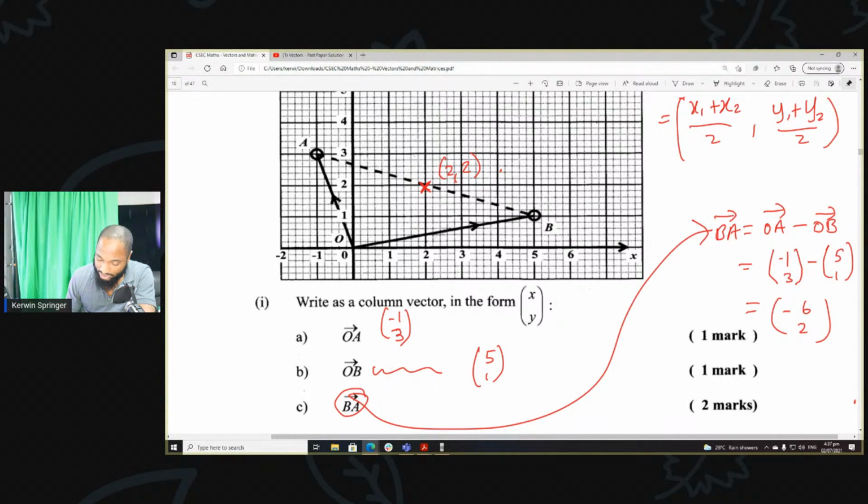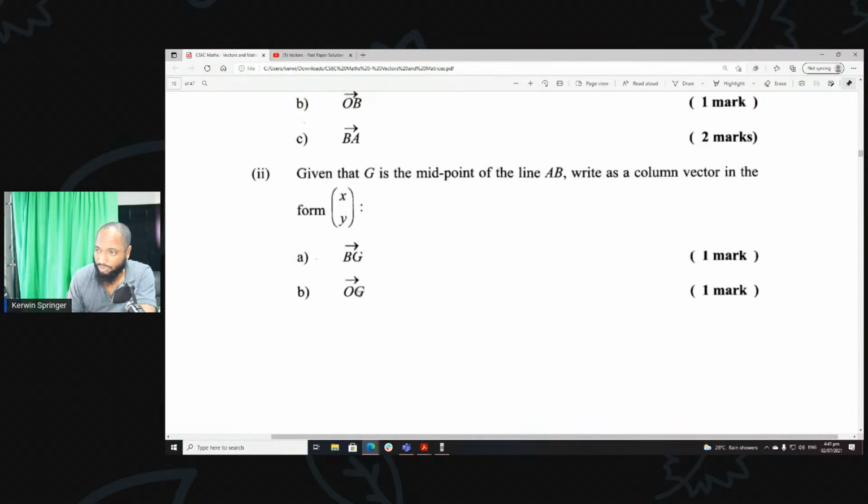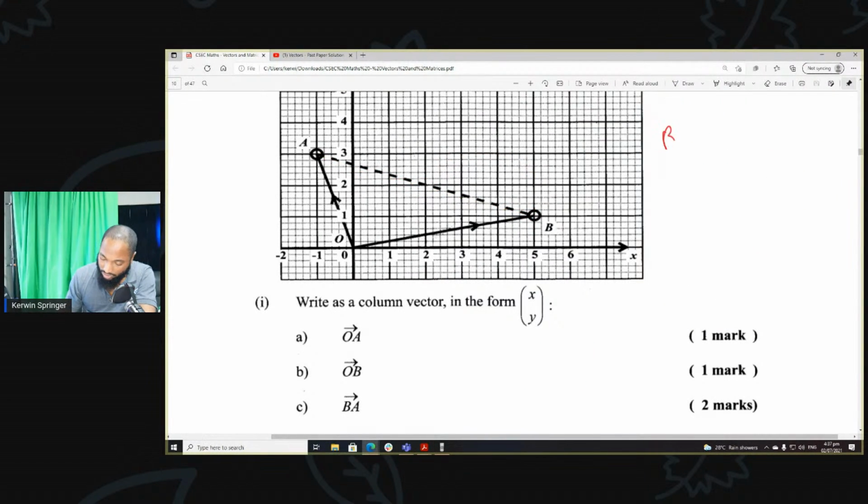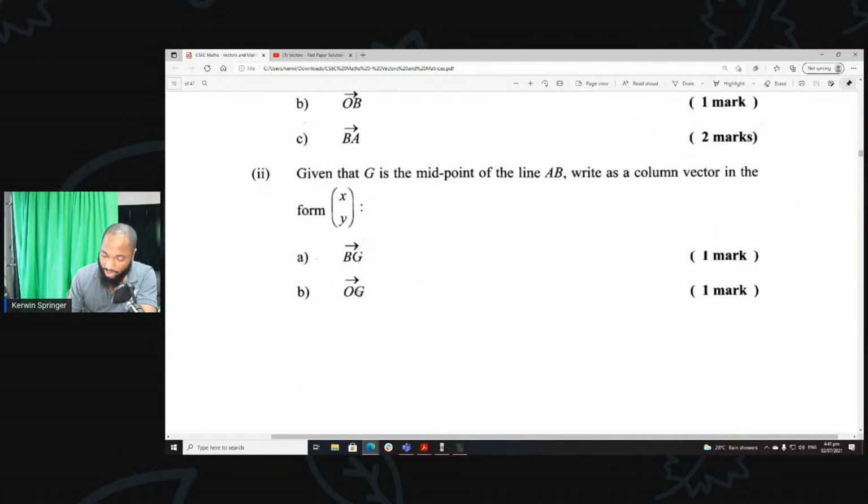What do you call any midpoint? G. So therefore, B to G is equal to half of B to A, which is -3, 1. So you just go back 3 and you go up 1. That making sense?